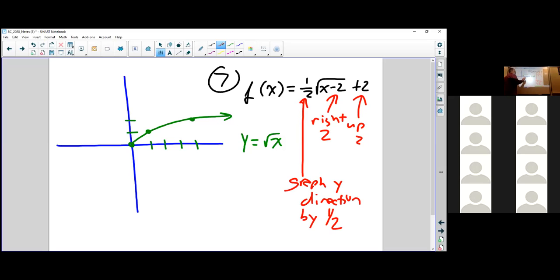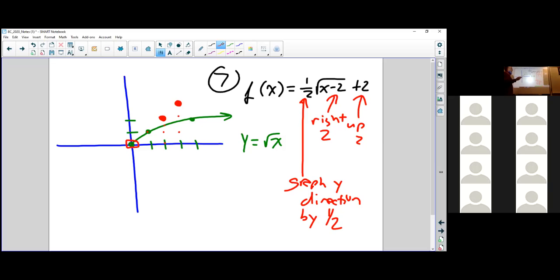Okay, so let's take this point right here. I'm going to go right 2, and then up 2. This point here, right 2, up 2. And this point right here, right 2, up 2.